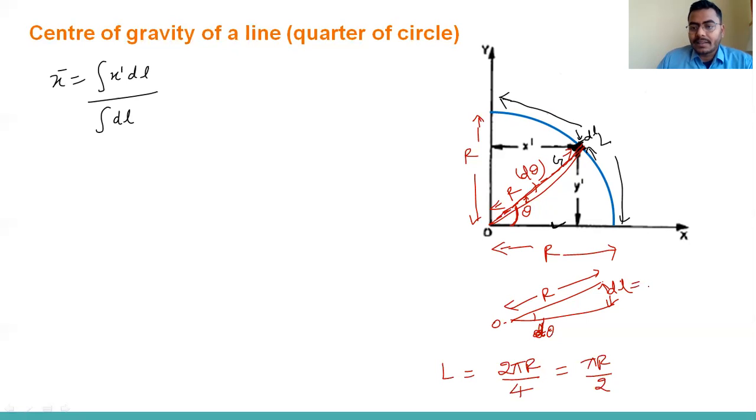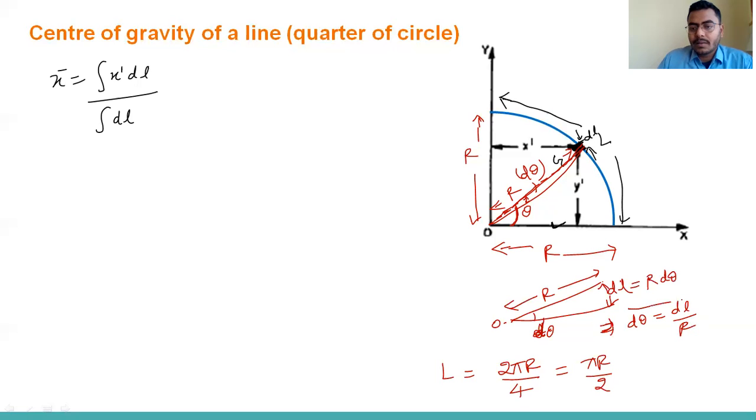So what can we write for dl? We can write dl is equal to r d theta. There is a formula: the change in angle at the center is the ratio of the length of the arc divided by the radius, meaning d theta equals dl by r.